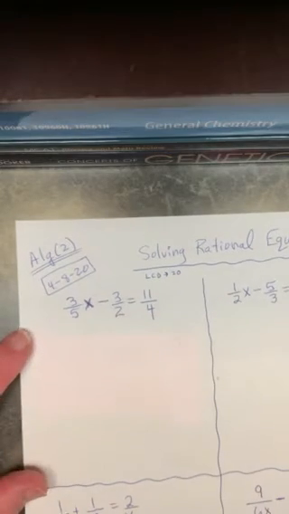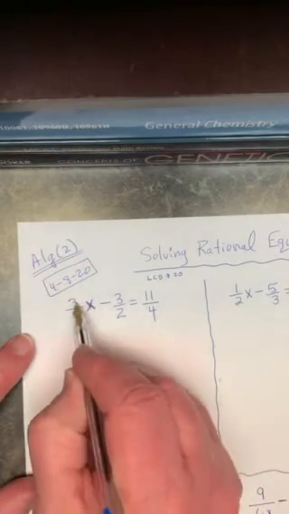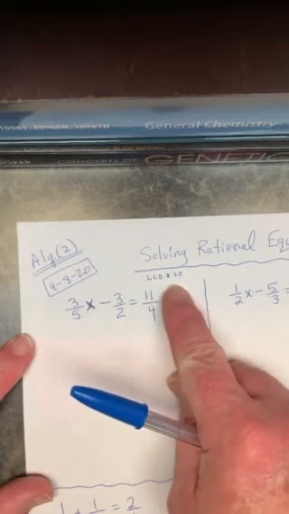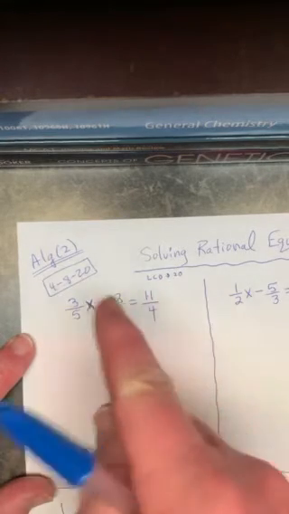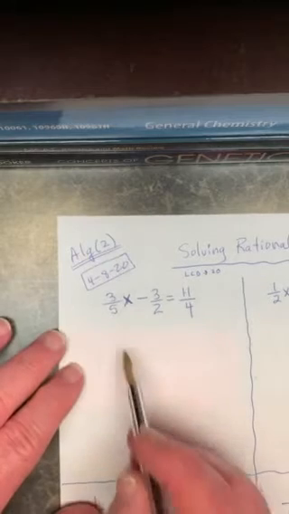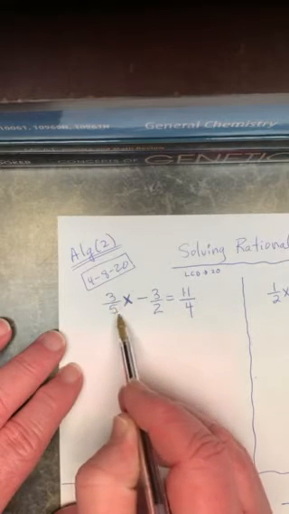So all you've got to do is take each numerator and multiply it by whatever number you would need to turn the bottom into a 20. Let me translate that into English.